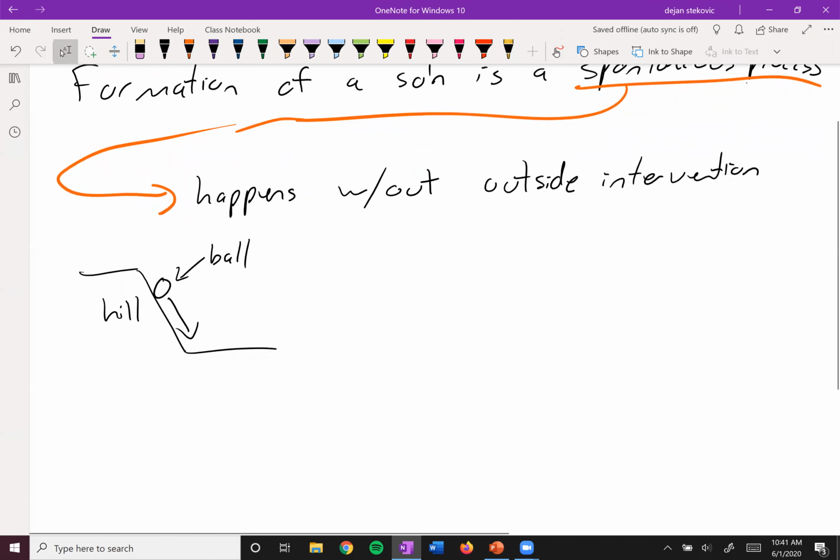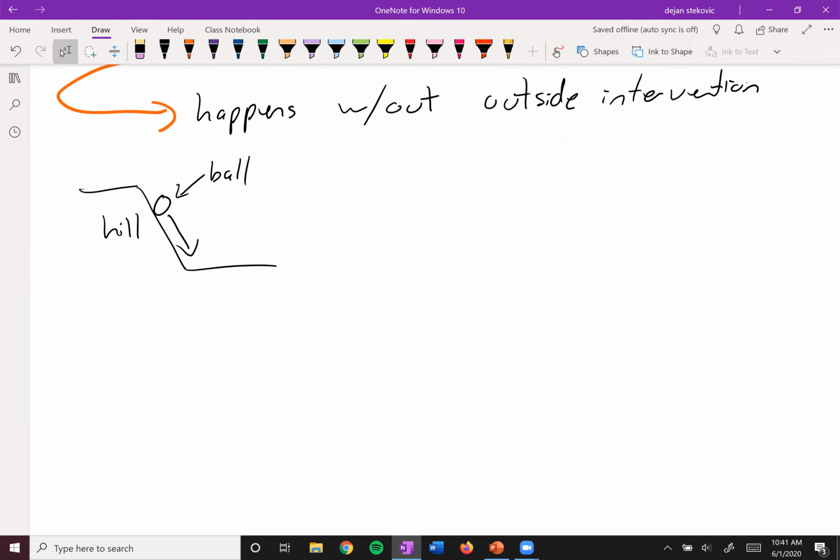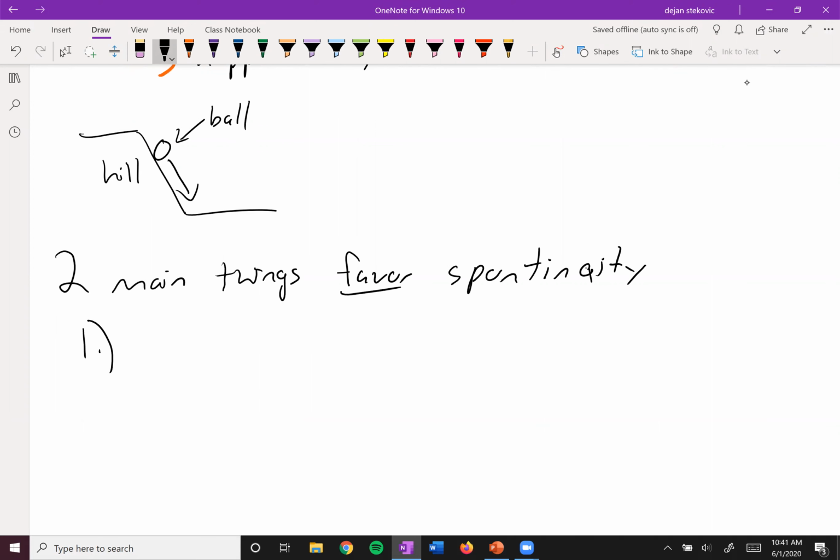So let's take a look at what determines whether a process is going to be spontaneous. There are two main things that favor spontaneity. The first main thing that favors spontaneity is a decrease in internal energy.